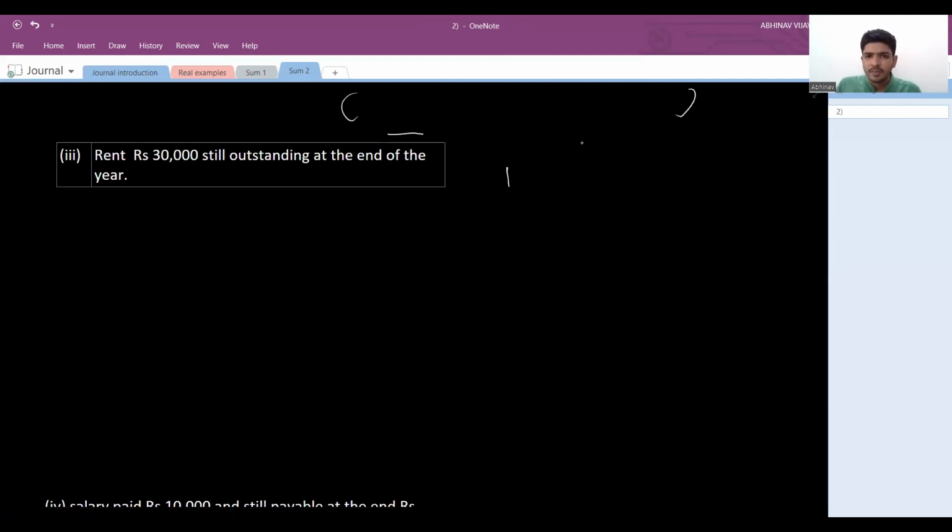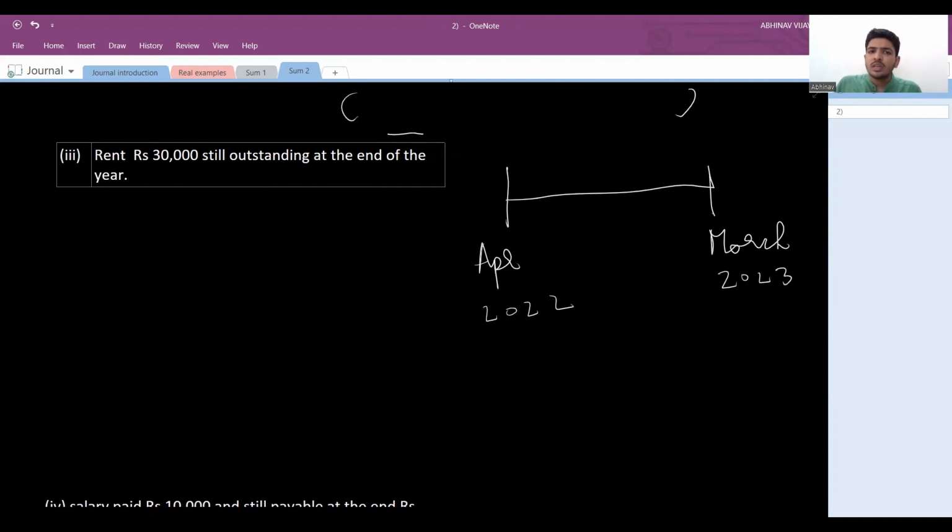Rent 30,000 still outstanding at the end of the year. What does that mean? This is the year, April 2022 to March 2023. Now, always keep this in mind. I explained this properly in basic accounting terms. Financial year is always from 1st April to 31st March of the next year.